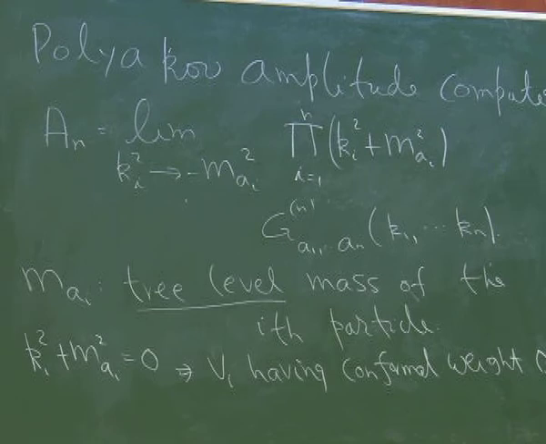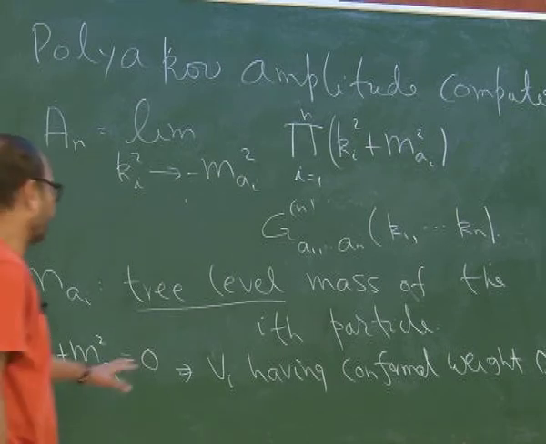And this condition you don't relax when you go to higher genus. You keep working with conformally invariant vertex operators, and this is necessary if you want to use a conformally invariant formalism. If you try to relax this condition, then you run into all kinds of difficulties, some of which you will see as we go along.